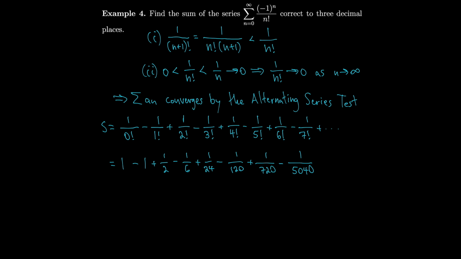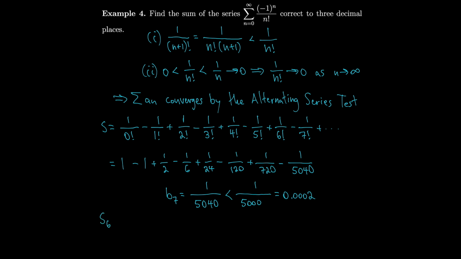So that means that if we look at this 7th term, B7, without the minus sign, that's 1 over 5040, which is even smaller than 1 over 5,000, which is just 0.0002. So it looks like we're at the 4th decimal place, so these first 3 should be good.